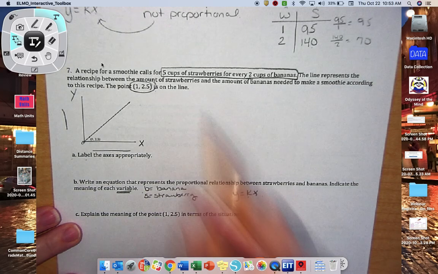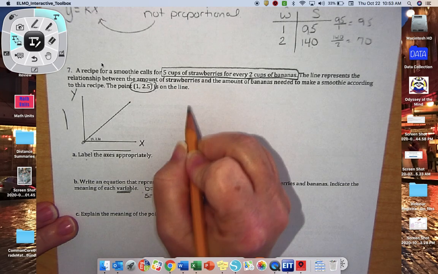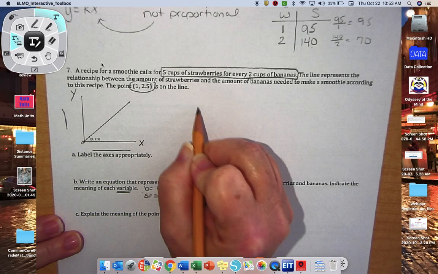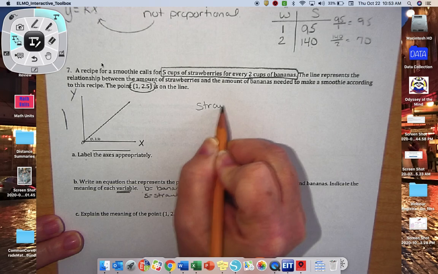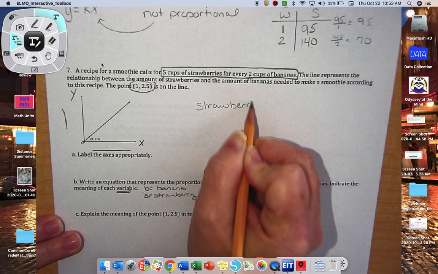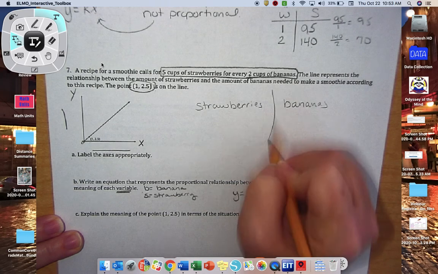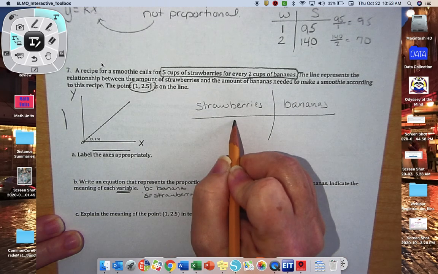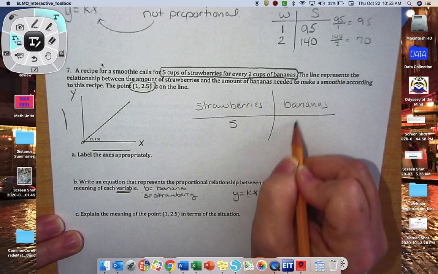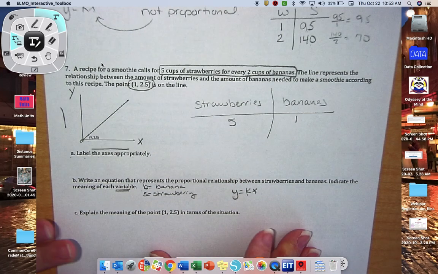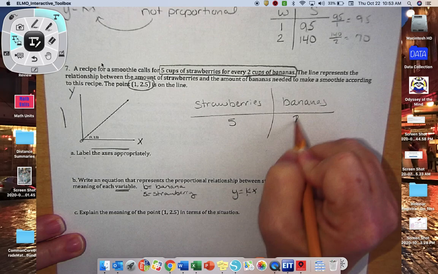All right. So over here, this is what I'm going to write down here. So we've got the ratio of strawberries to bananas. So when my strawberry number is 5, my banana number is 1. So, it's 2, not 1, my bad.